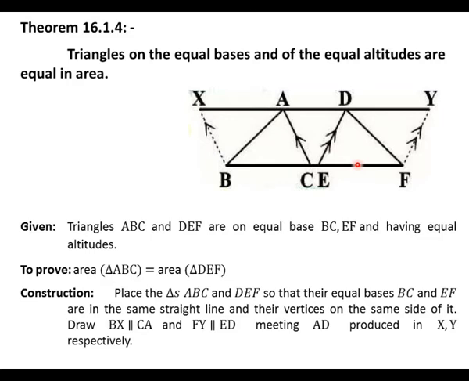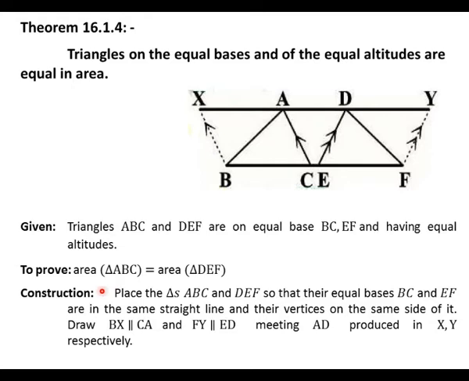Given that both triangles have equal bases, we can say that BC is equal to EF. What we have to prove is that both triangles are equal in area. I mean that area of triangle ABC is equal to area of triangle DEF.